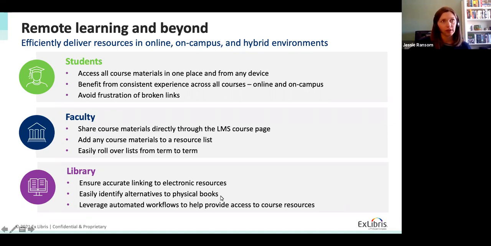Alternatives could be things like resources that are also available electronically, maybe resources that were available as part of many of the publishers opening up their collections during the pandemic through HathiTrust, different options like this. And as I said before, integrated workflows on the library side to help provide access to these resources.